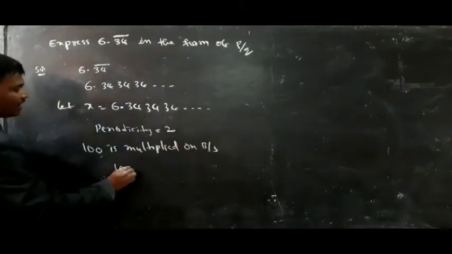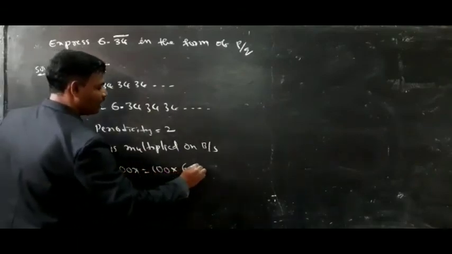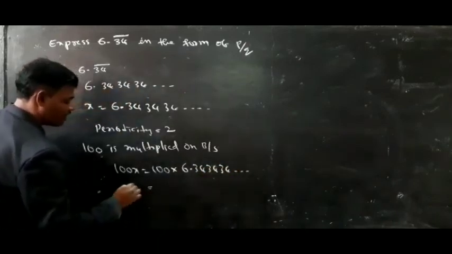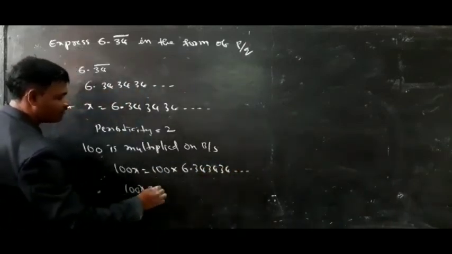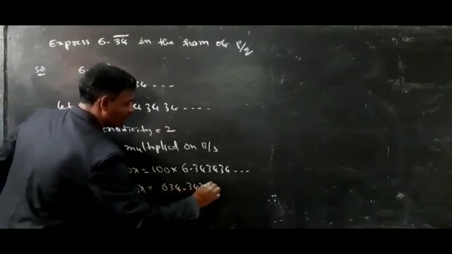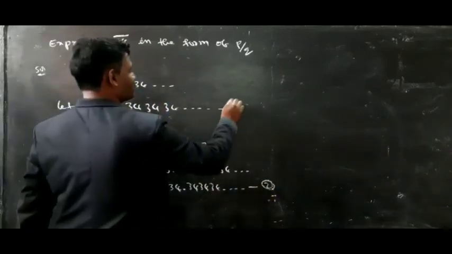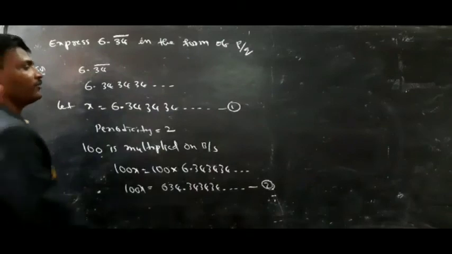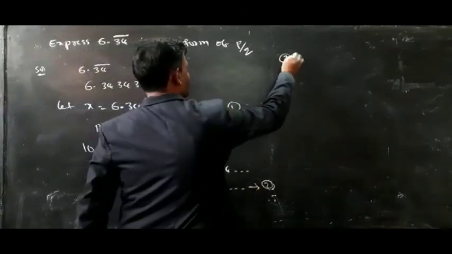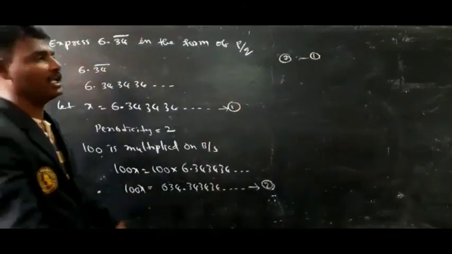It means 100x is equal to 100 into 6.343434 and so on. 100x is equal to 634.343434 and so on. So this is the second equation and also this is the first equation. Then I am doing second equation minus first equation.